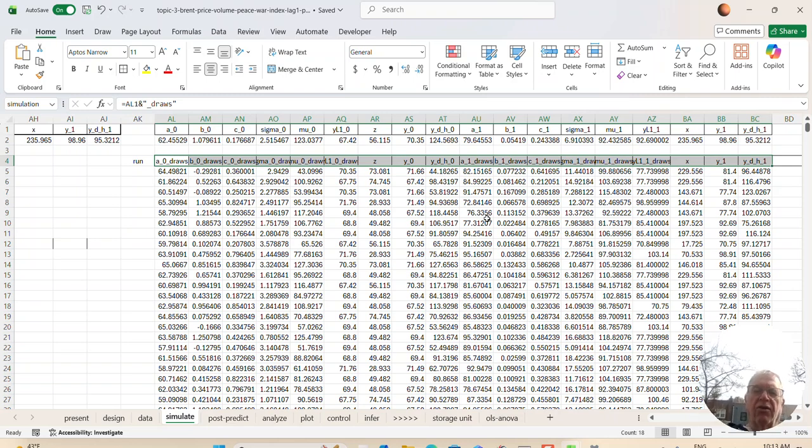And having gotten all of this, if you ran A0 draws, you would see that it's a flat curve. It looks an awful lot like a slightly modified uniform distribution, as well as B0, C0, sigma 0. Mu 0 doesn't. It's going to look quite a bit different than that. And then we get all these other draws for all of the other things that we want.